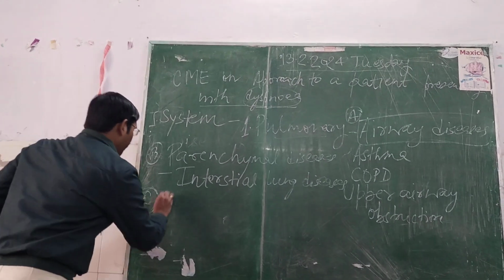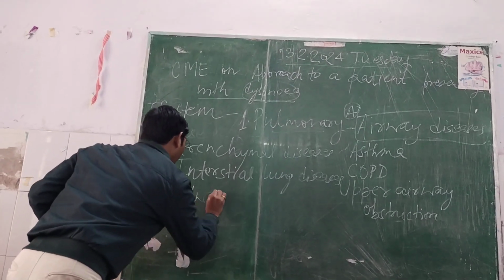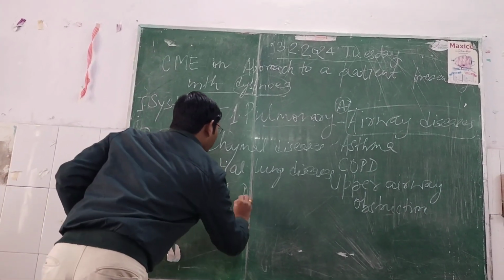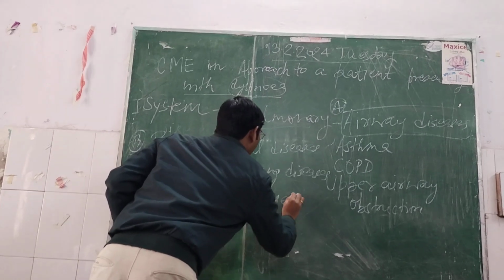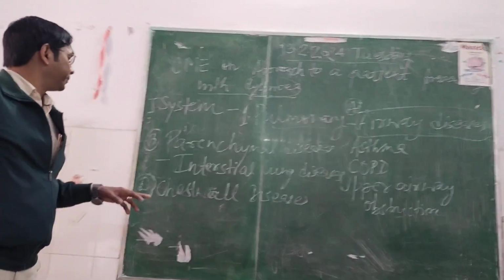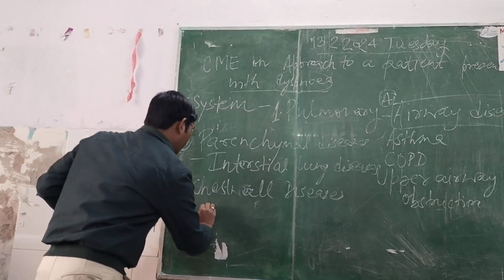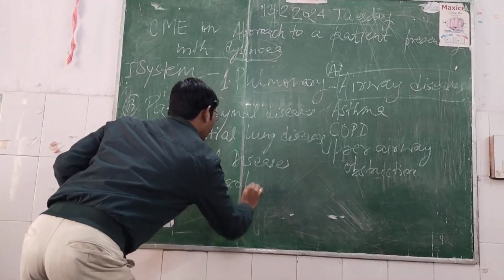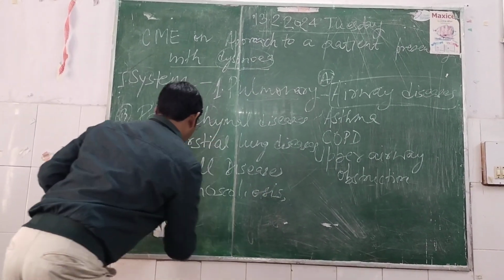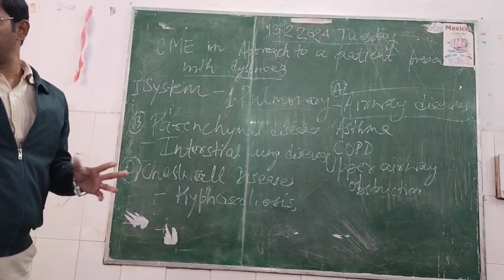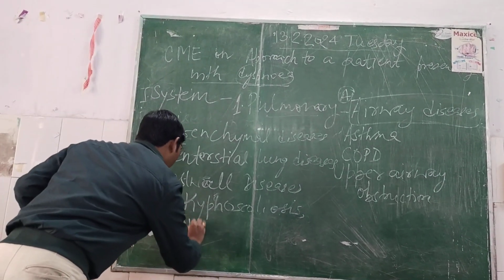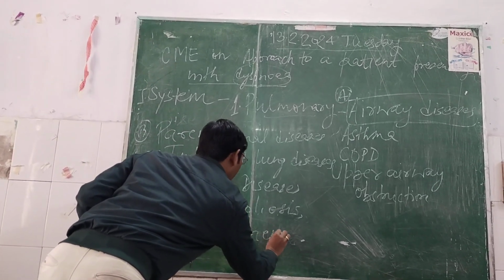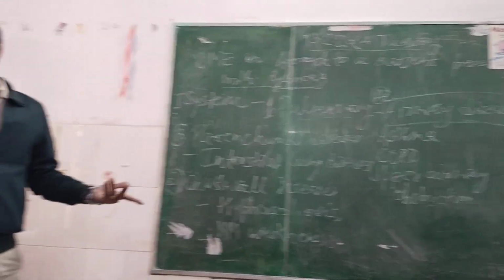And chest wall diseases that can cause dyspnea are kyphoscoliosis and neuromuscular weakness, like myasthenia gravis.